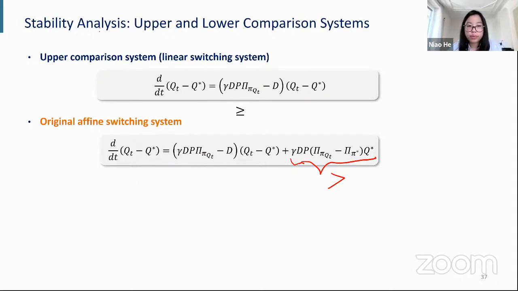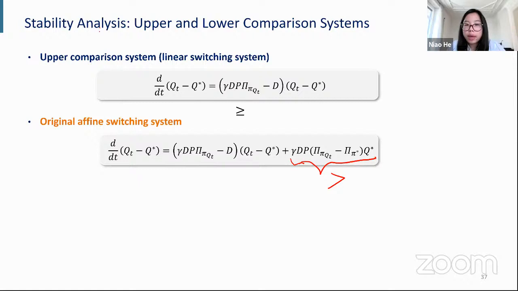I'm not able to remove it. Sorry that it's not showing up, but you can show that this is always less than or equal to 0. The reason for that is that this pi star is the greedy policy in response to Q star, right?